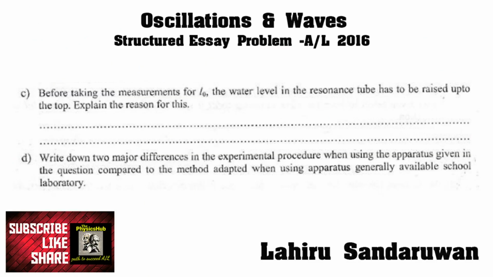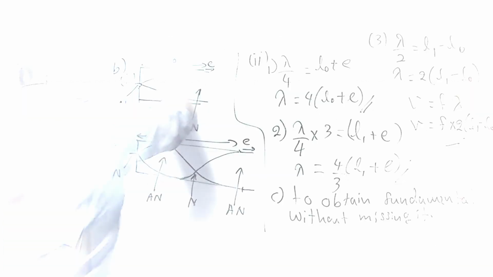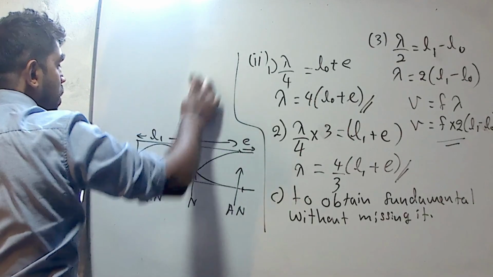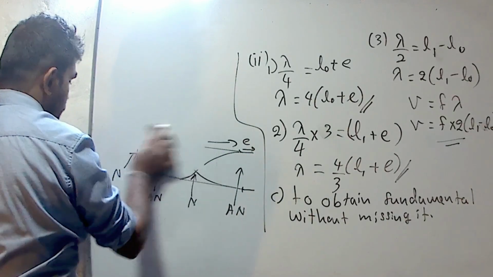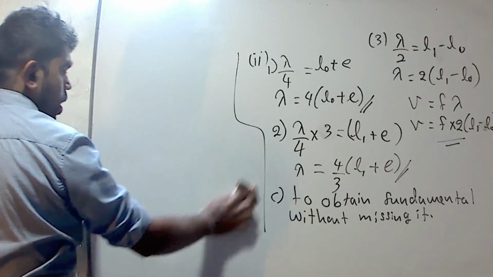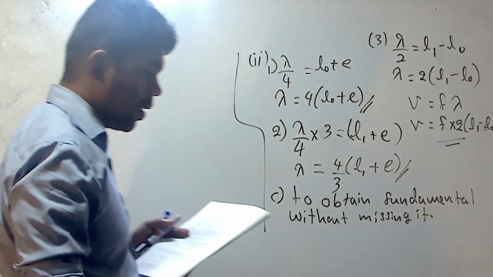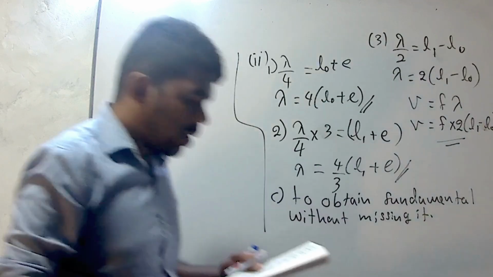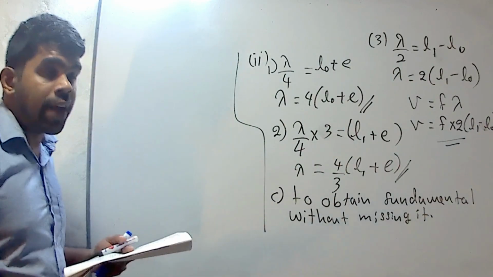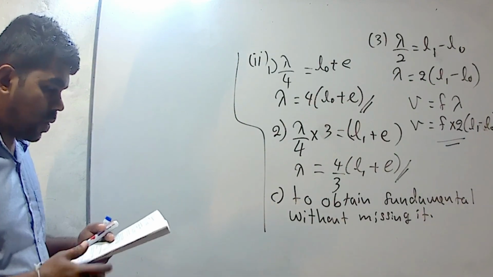Then part D, write down two major differences in the experimental procedure when using the apparatus given in the question compared to the method adopted when using apparatus generally available in school laboratories. The apparatus in the school laboratory is not fixed. In the school laboratory, we are not using a fixed tube.